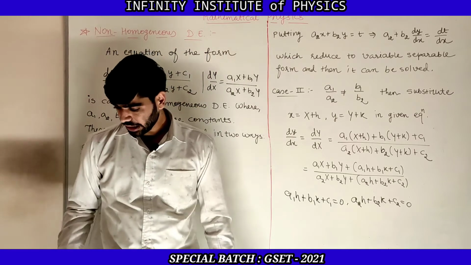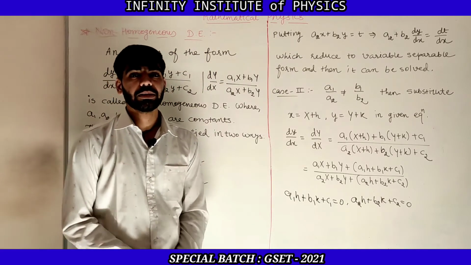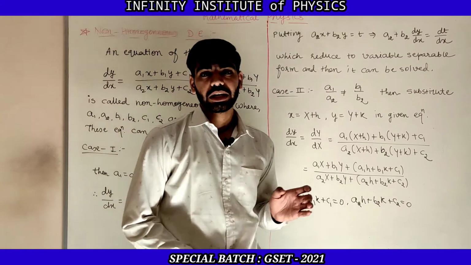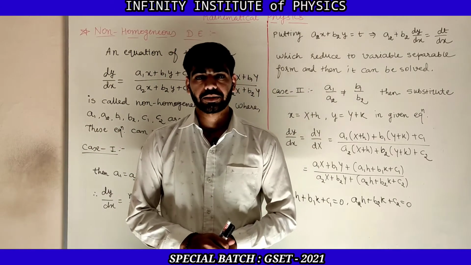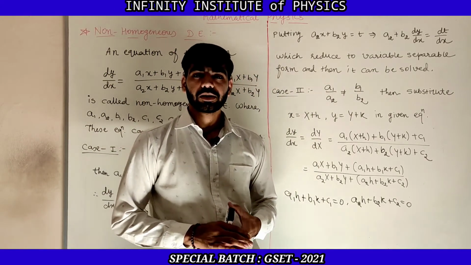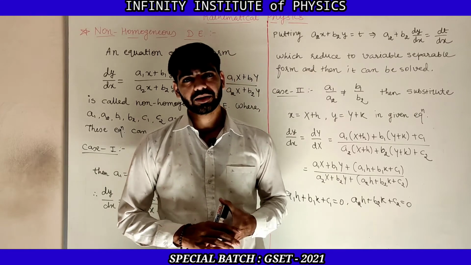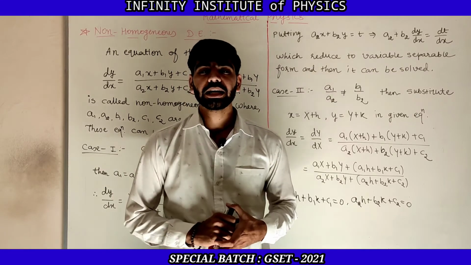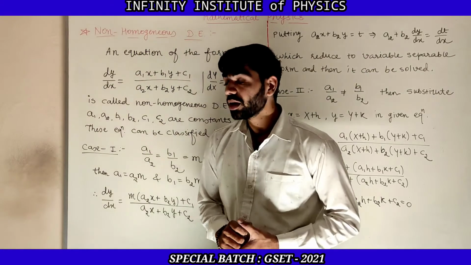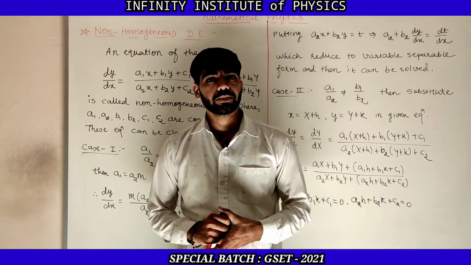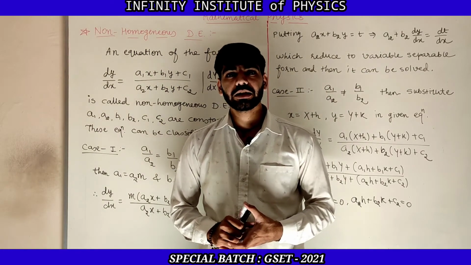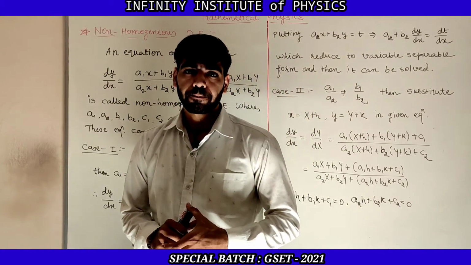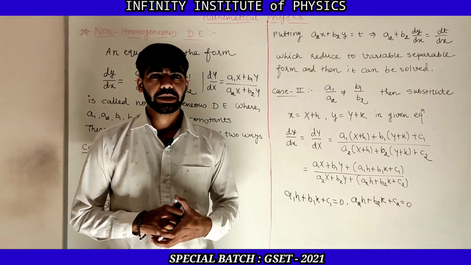That's why these two methods are very lengthy for an MCQ examination. These kinds of questions can be asked in the GATE examination or NET examination, but from the GSET perspective, these types of questions cannot be asked because they are too lengthy to solve in the examination.